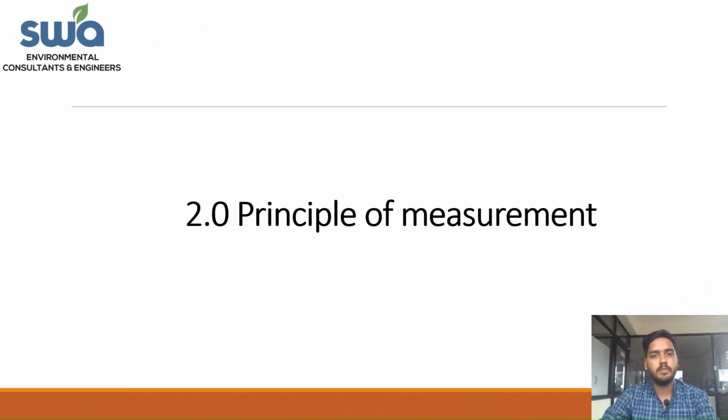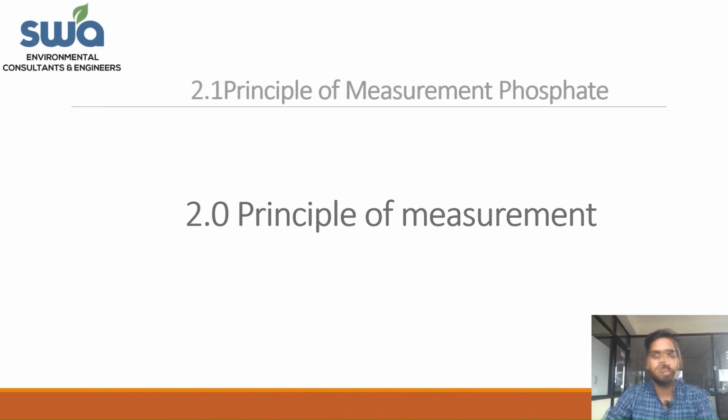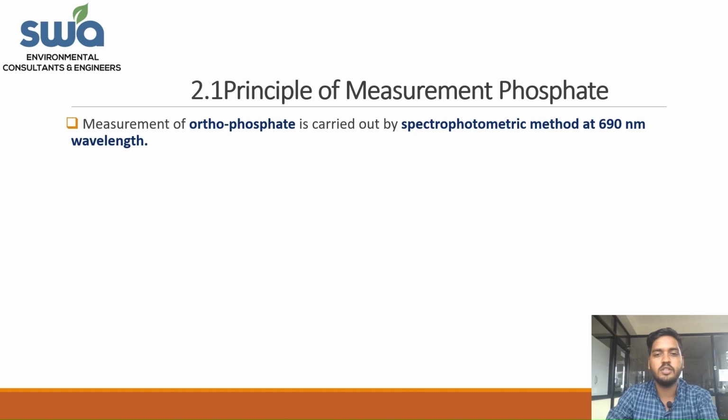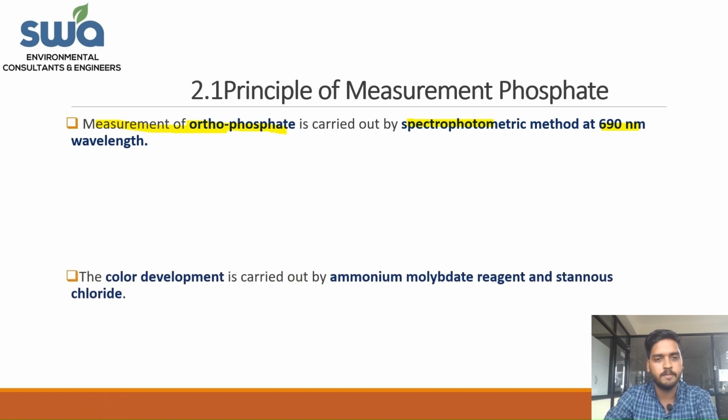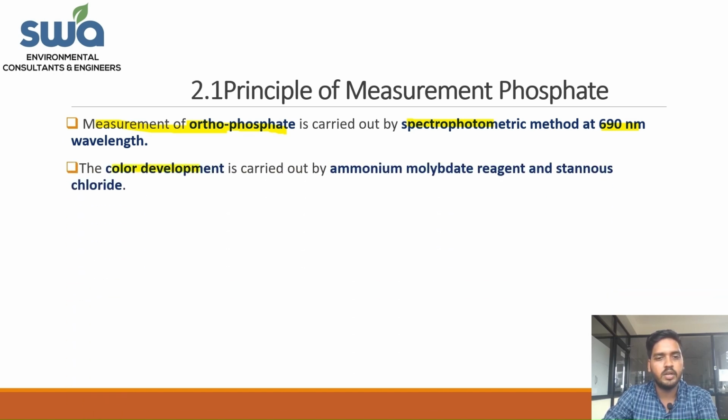Let's understand the principle of measurement for this procedure. This is a spectrophotometric procedure where the measurement of orthophosphate is carried out at 619 nanometer wavelength. The color development is carried out with the help of ammonium molybdate reagent and stannous chloride.